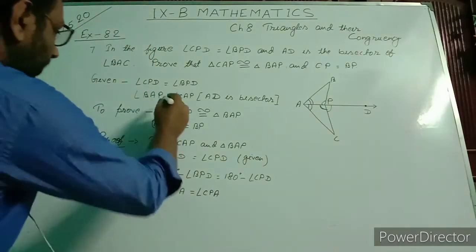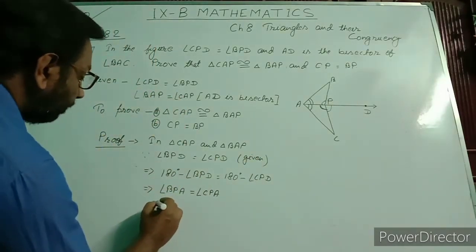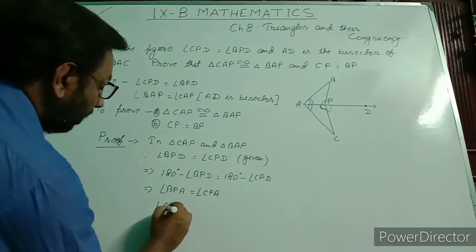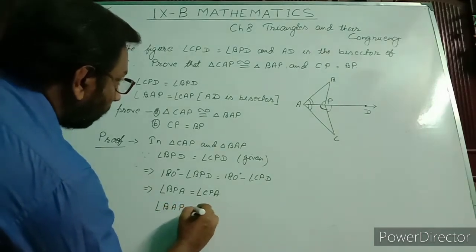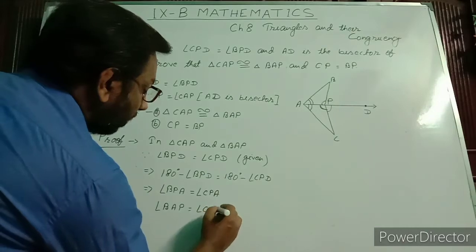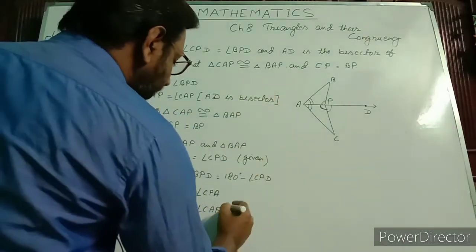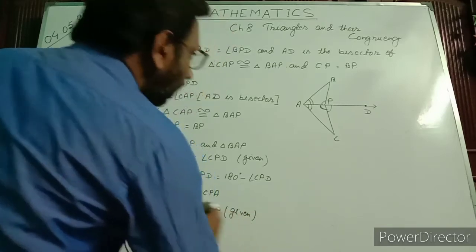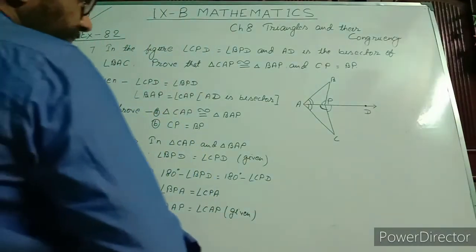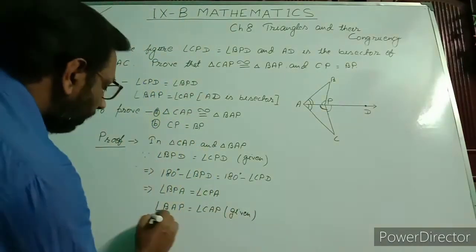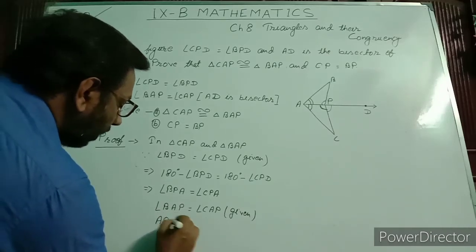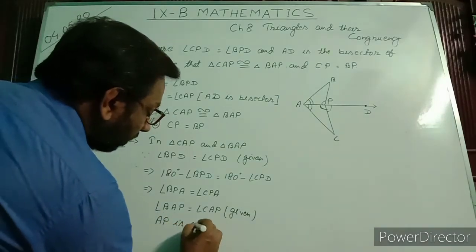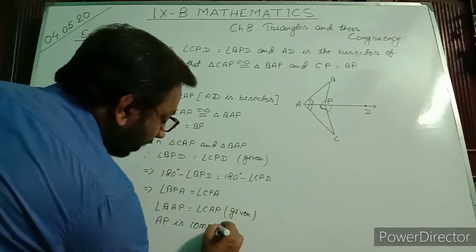And the second condition that is given in the question, angle BAP equals angle CAP, because AD is the bisector. For that here I write given. And the third condition, AP is common. This is a common side for both the triangles.